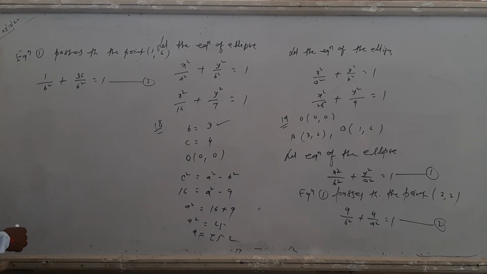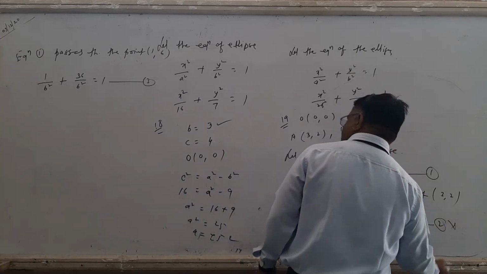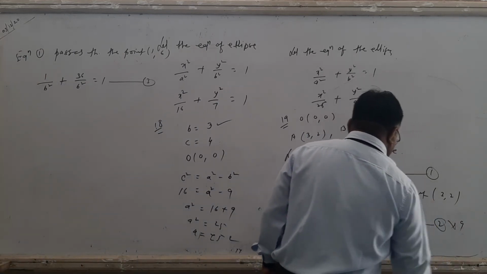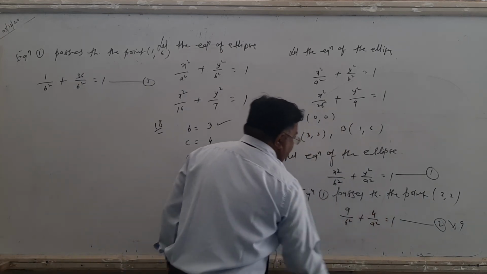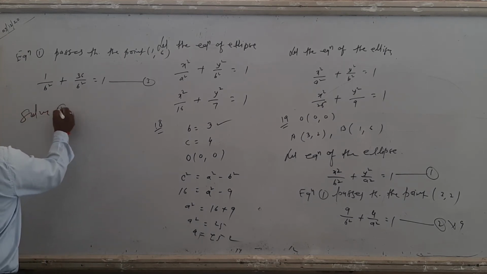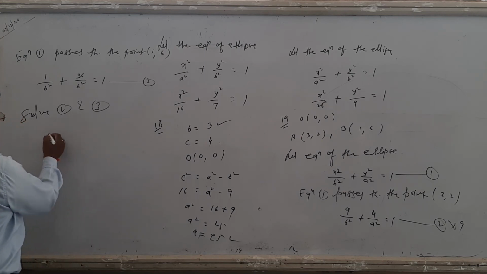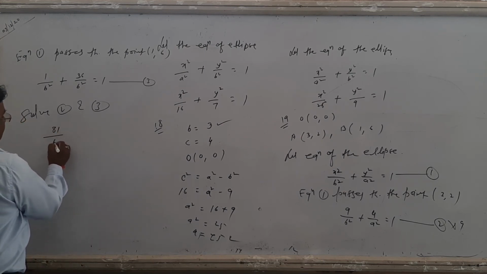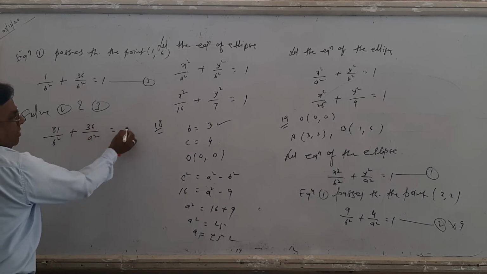So now equation second is multiplied by 9, so 9 times 4 is 36. Now solving by elimination method, solving second and third. Equation second multiplied by 9: 81 upon b square plus 36 upon a square equals to 9.